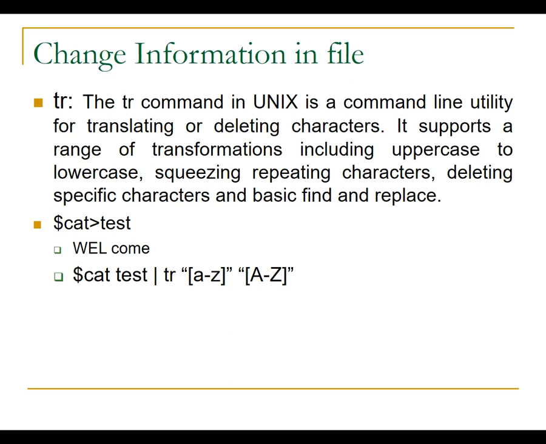It also supports a range of transformations including uppercase to lowercase, squeezing and repeating characters, deleting specific characters, and it even provides a basic find and replace facility. So we can say that tr is a multi-purpose Unix command.